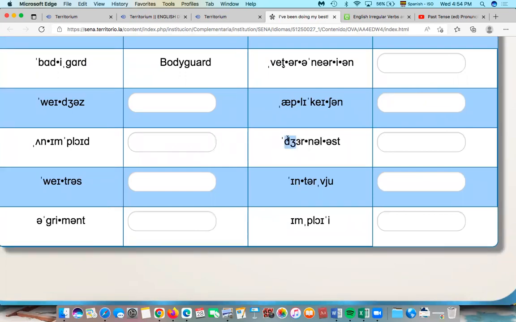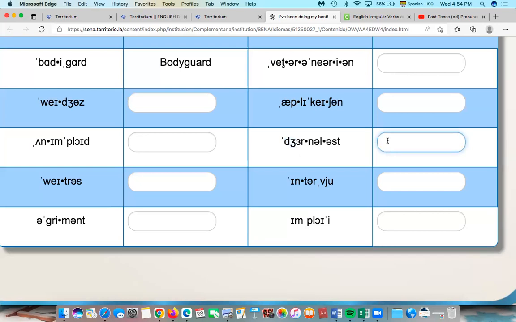Pero bueno, acá, este ya lo habéis dicho, el segundo de la izquierda es waitress, pero de ahí para allá no. Esta, por ejemplo, es journalist. Esta DZ es ese sonido journalist. Ah, sí, no, si no nos dices, no tengo ni idea. Si es journalist, yo me imagino que haya una G así como veterinarian, ¿viste?